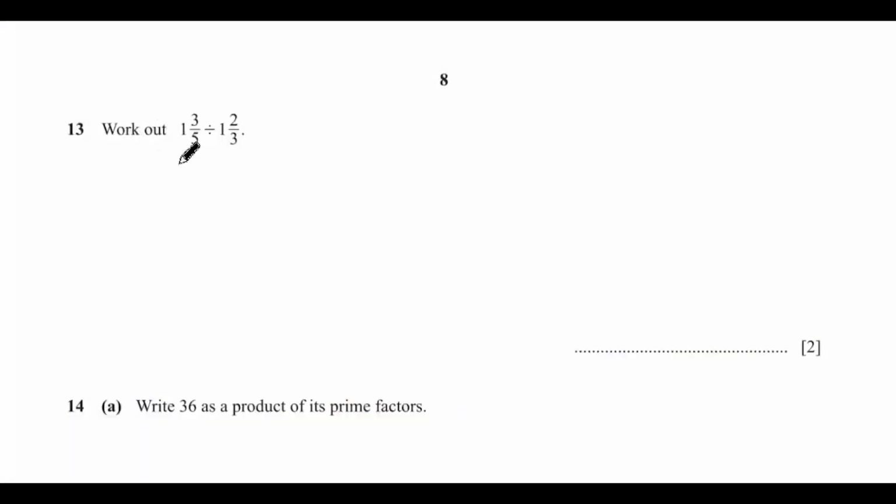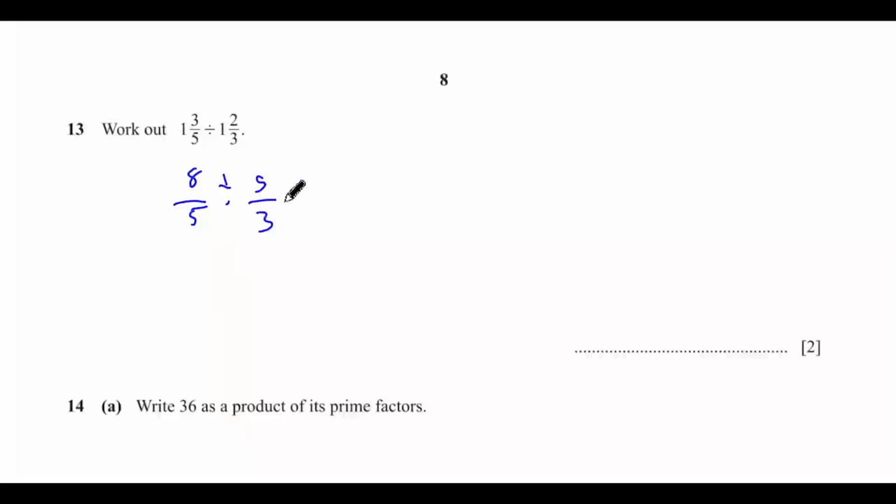Question 13. Work out 1 whole 3 over 5 divided by 1 whole 2 over 3. The first thing we need to do is to write these fractions as improper fractions. So 5 times 1, that will be 5. 5 add 3, that will be 8 over 5. Then divided by 3 times 1, that will be 3. 3 add 2, that will be 5 over 3.